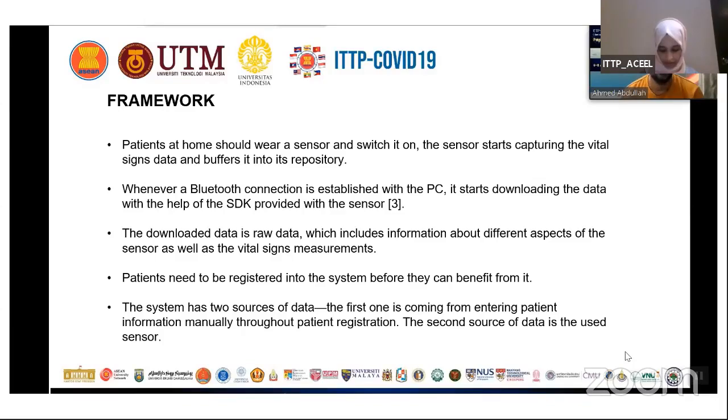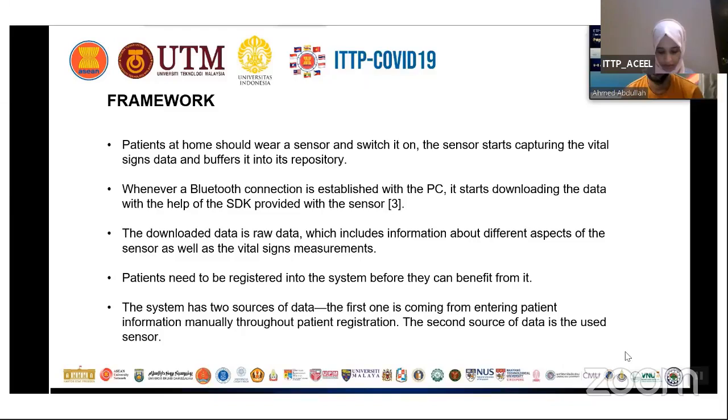Then, whenever a Bluetooth connection is established with the PC, it starts downloading the data with the help of the SDK provided with the sensor. The downloaded data is raw data which includes information about different aspects of the sensors as well as the vital signs measurements.